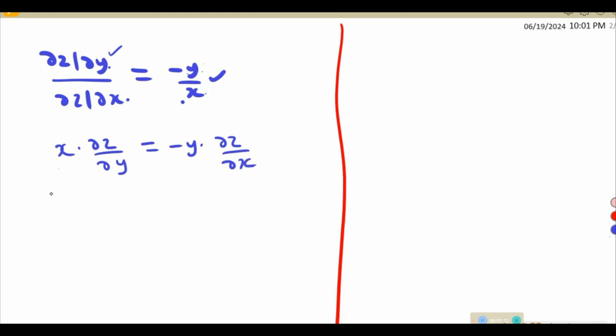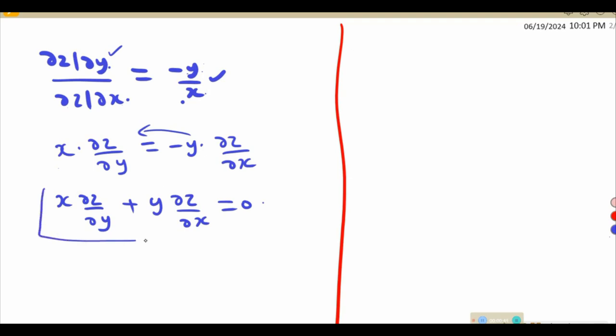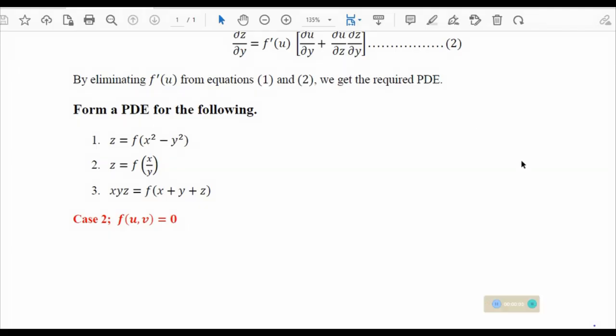And this will be x del z del y plus, when this one comes the other side, y del z del x, and this one here is equal to 0. We realize that the arbitrary function has been eliminated, and this will be our partial differential equation.